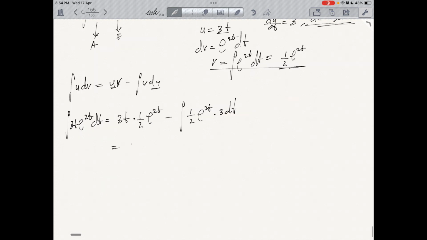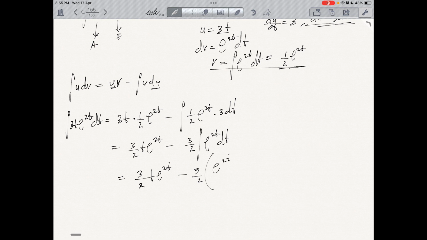So simplifying this, we have 3/2 t exponential 2t minus 3/2 integral of exponential 2t with respect to t. Therefore, this will give us 3/2 t exponential 2t minus 3/2, and integrating exponential 2t, we will have exponential 2t divided by 2 plus c.